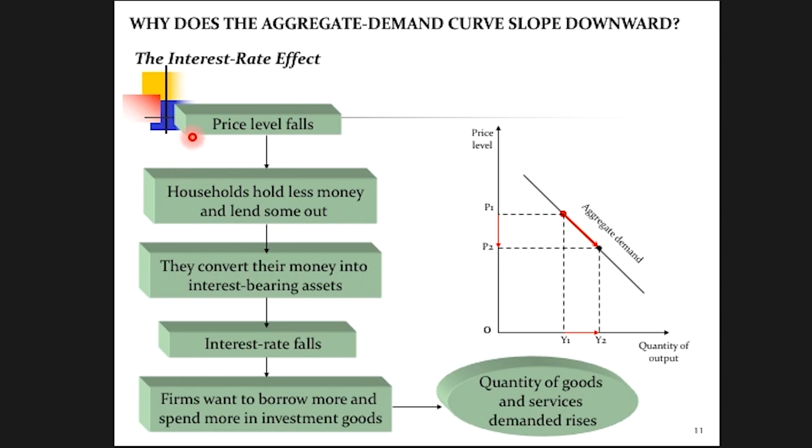So if the price falls, the interest rate also falls, and it will make firms pay less when they borrow funds from the financial system. So they will invest more, and the quantity demanded increases when the price falls.